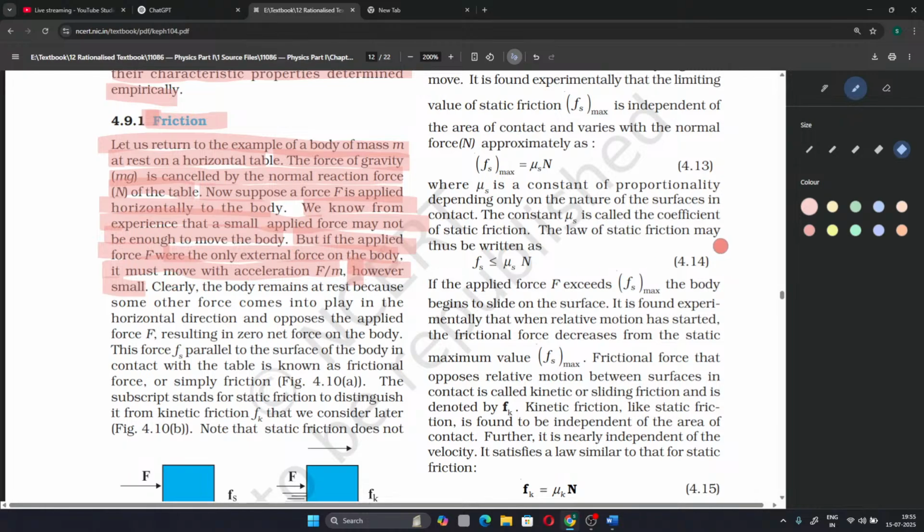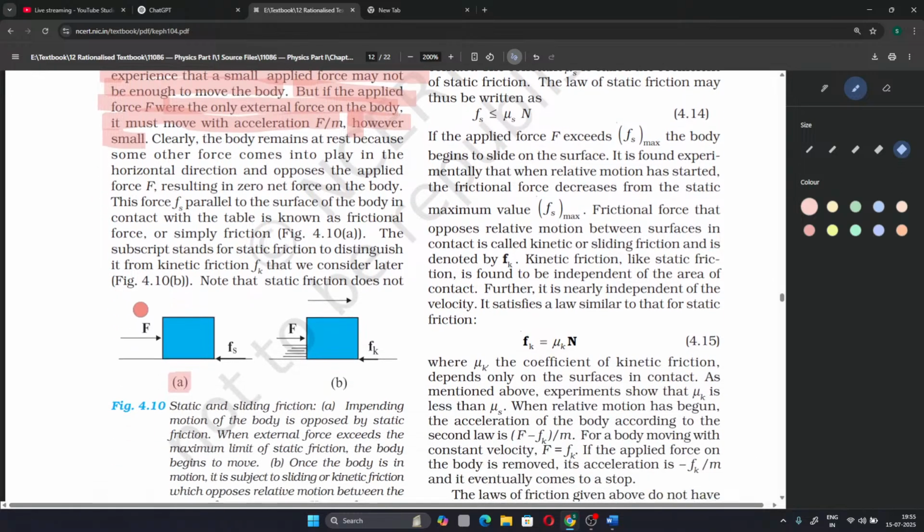No matter how small the force is, if there is no other external force acting on the body, only this force, then no matter how small the acceleration and how high the mass of the body, there should be some acceleration on this body. That should be the case.